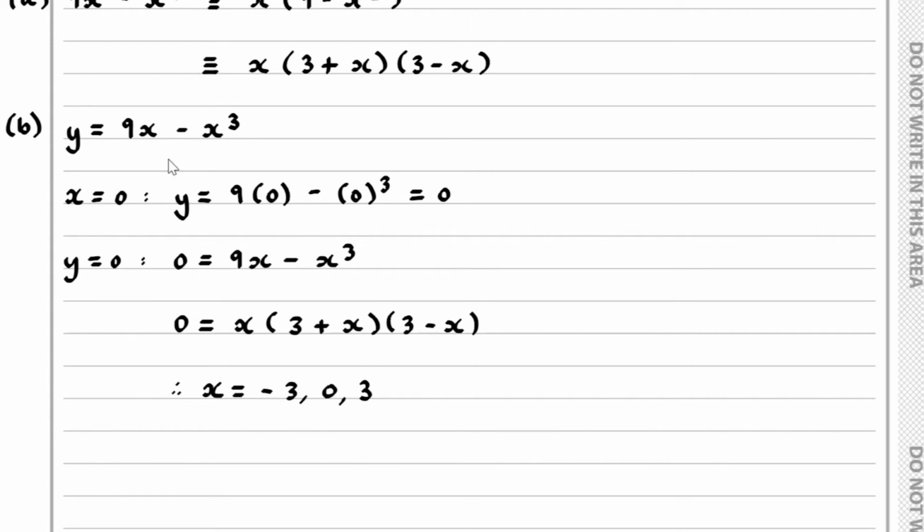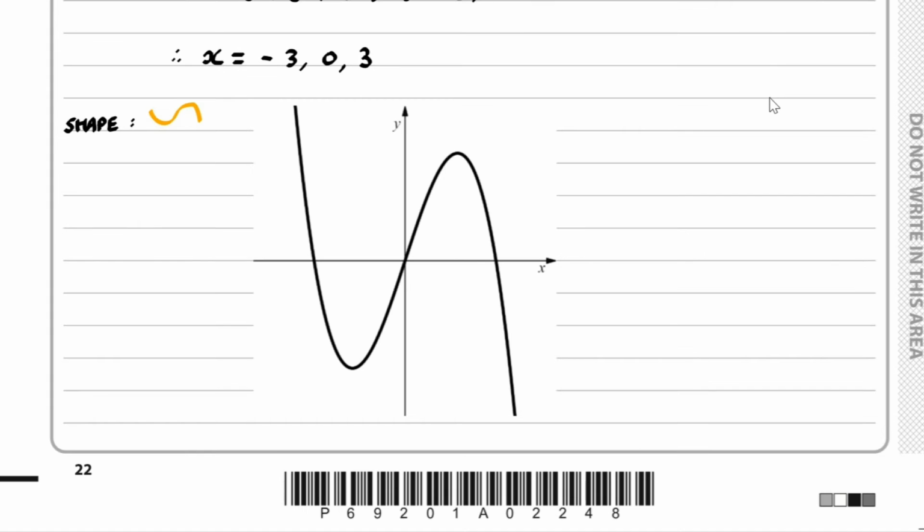And because we've got a negative cubic, for our shape, we would have something looking like this, a negative cubic. So we have something looking like this for our graph.